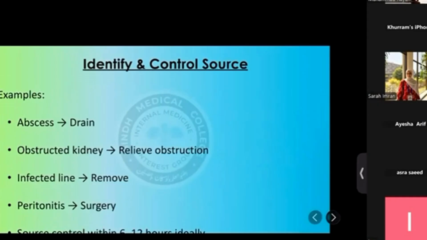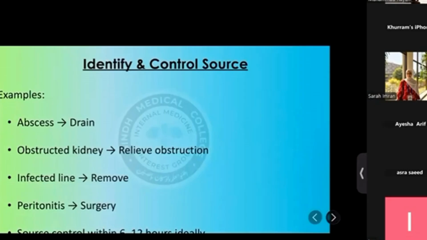Once the patient has been given the initial golden hour treatment, then we will move towards the source of infection and getting it out of the body. In case there is an abscess, because there was a skin infection, cellulitis, which eventually went on to become an abscess, we need to get this source of infection out of the body. So we'll drain that abscess.